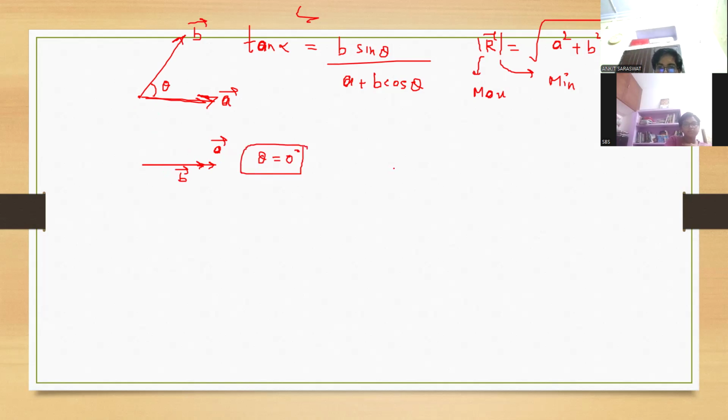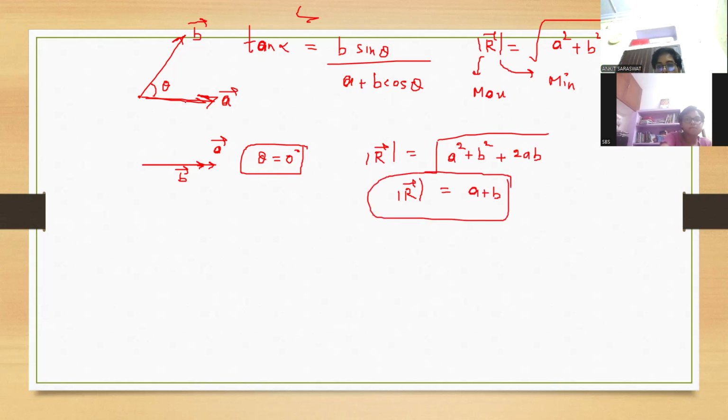If theta is 0 degrees, mod R will be under root of A square plus B square plus 2AB cos 0 degrees. Cos 0 is 1, so mod R comes out to be A plus B. This is the maximum because cos 0 is the maximum value of cos. This is the maximum magnitude, A plus B, when two vectors are parallel.